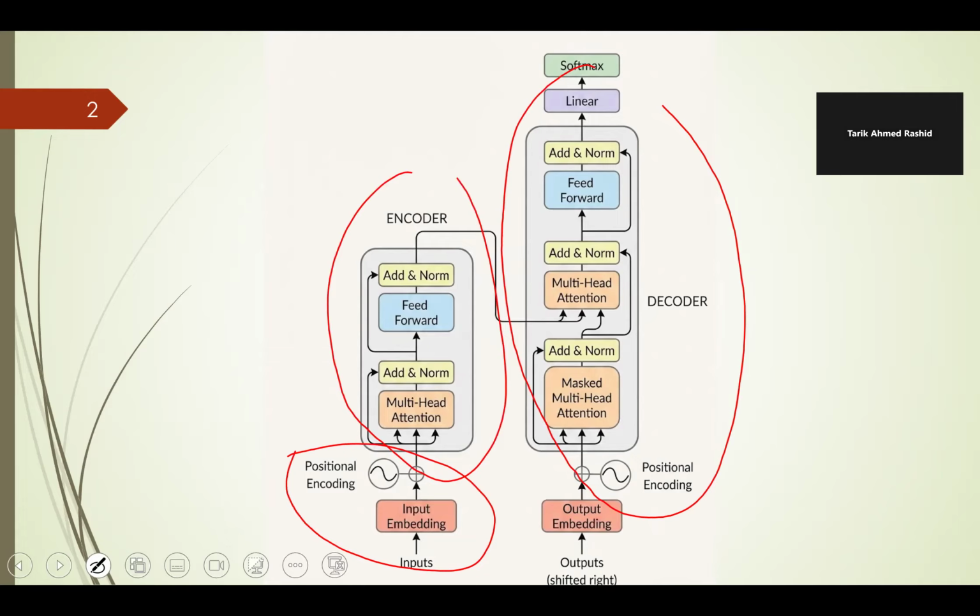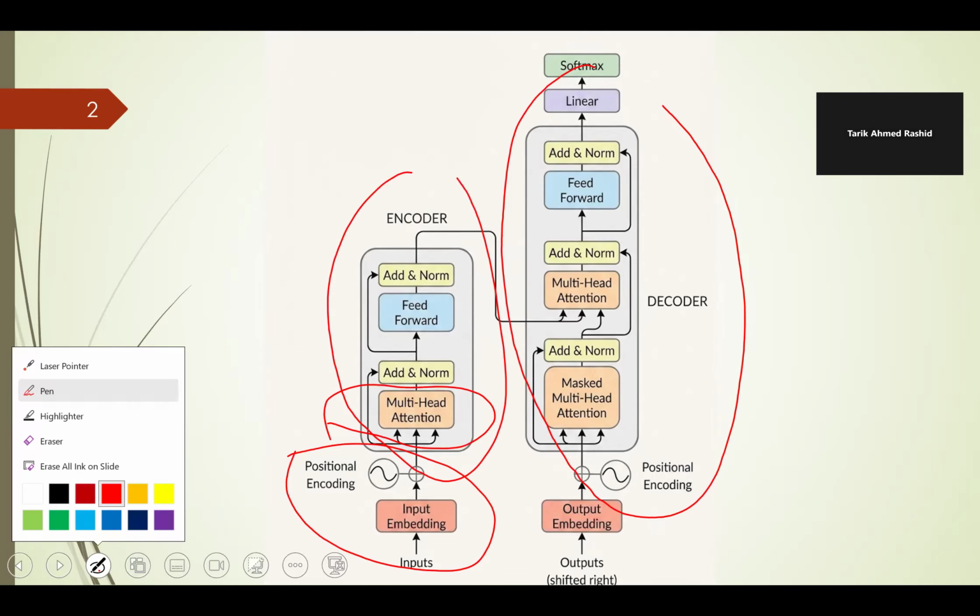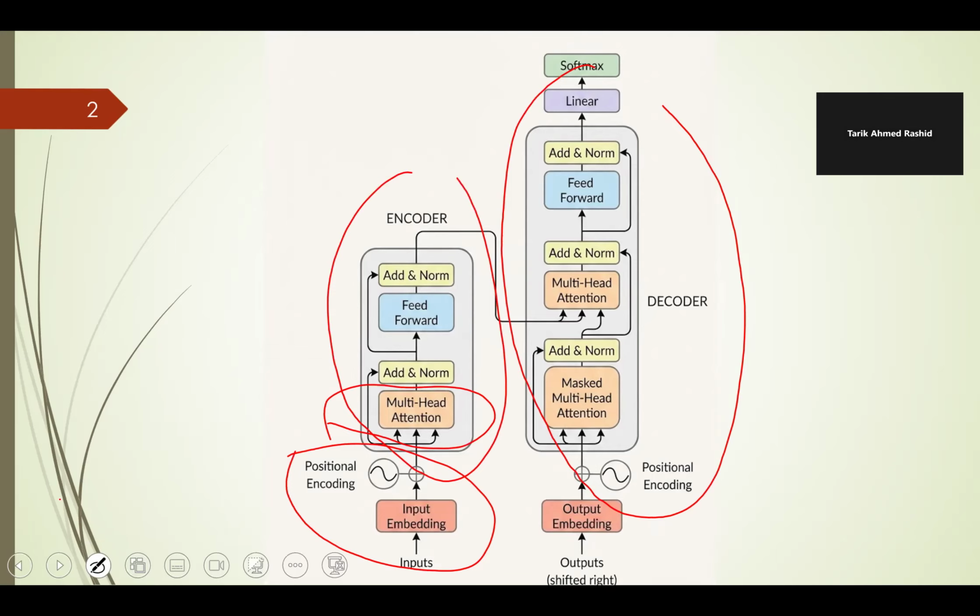Then in part three, we talked about multi-head attention. Now, in this part, we will talk about this layer, add and norm. That is the focus of this video.